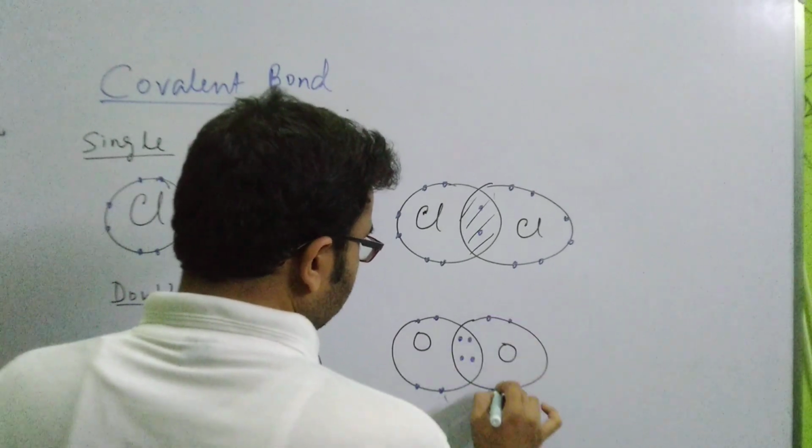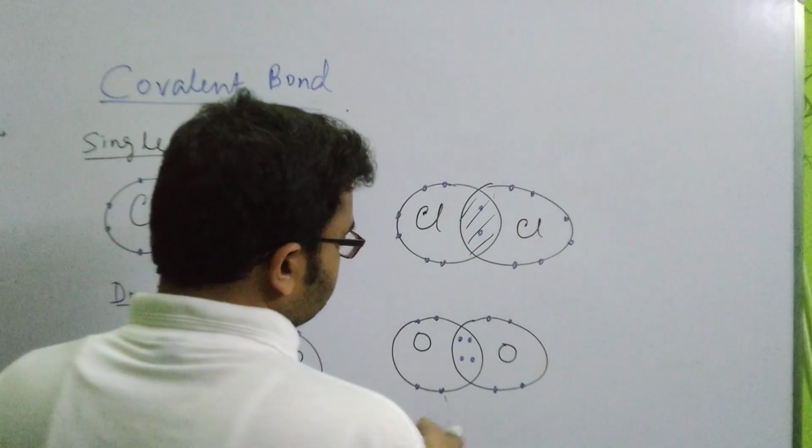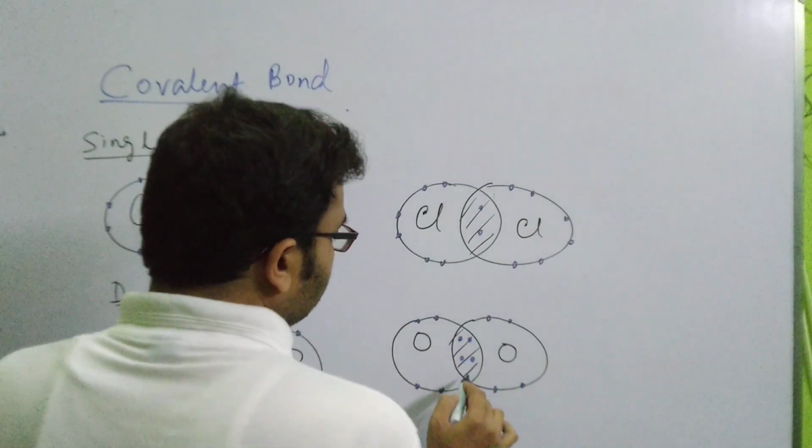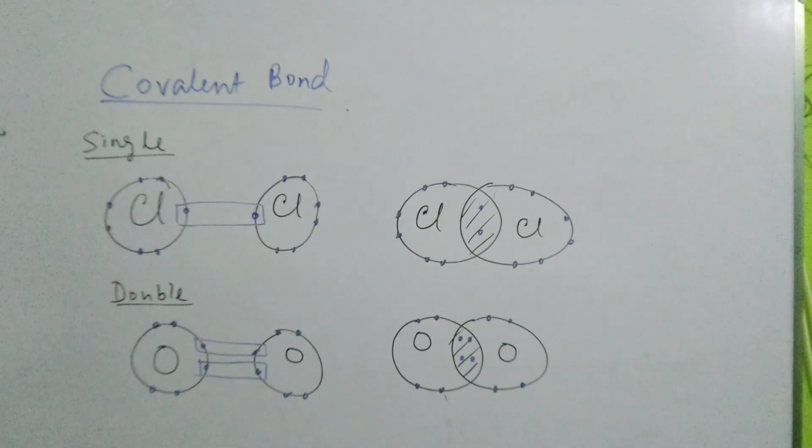So in this region 2 pairs of electrons are being shared, that is 4 electrons are being shared. So you can say that this type of bond is a double covalent bond. Previously only 1 pair of electrons was shared. It is a single covalent bond.